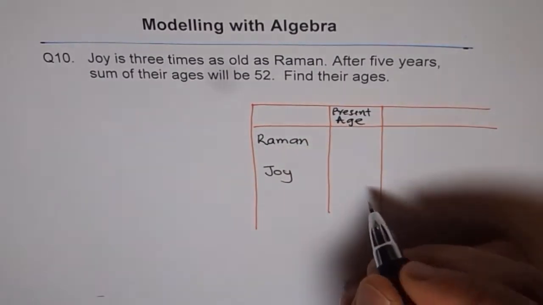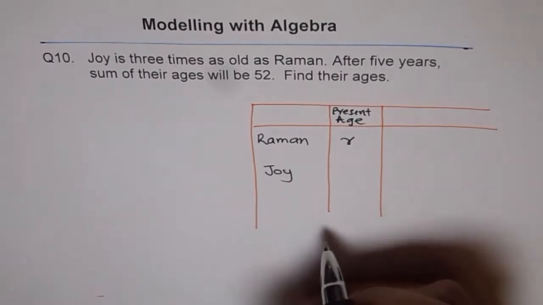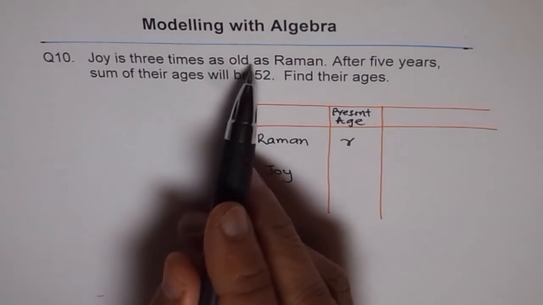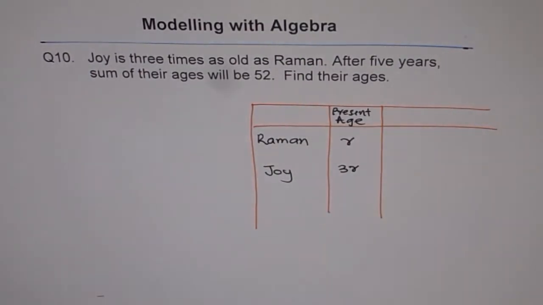And let's define a variable for Raman. So let present age for Raman be R. Then Joy will be how much? Joy is 3 times as old as Raman, so it will be 3R. Correct? So we got in this table Joy's age and Raman's age, correct?